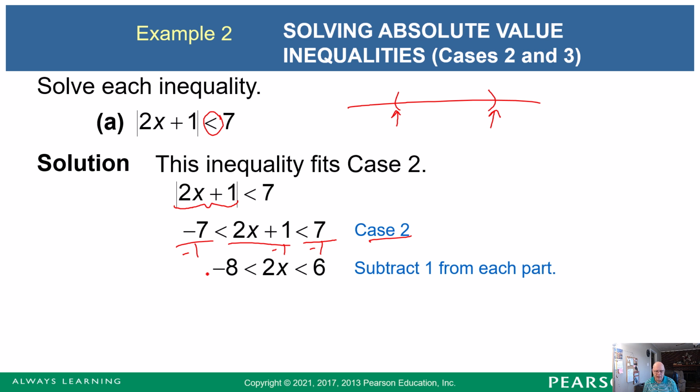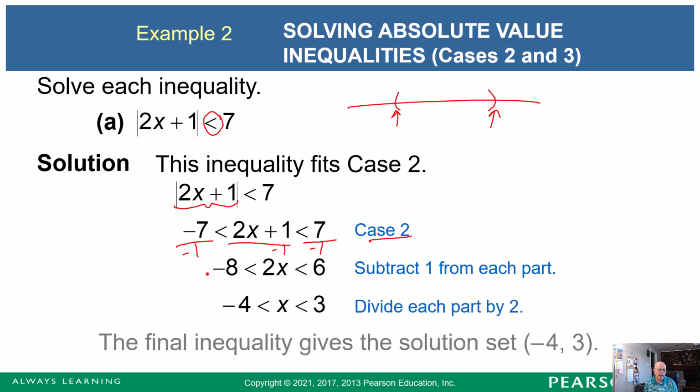Dividing by 2, is this going to be something that reverses the inequality? No, because you're dividing by a +2. And there you go. Your final inequality, because it's less than, it's going to be between 2 numbers, and the 2 numbers are -4 and 3.